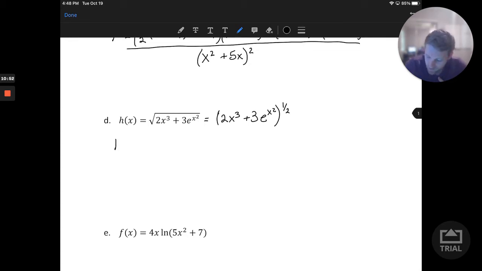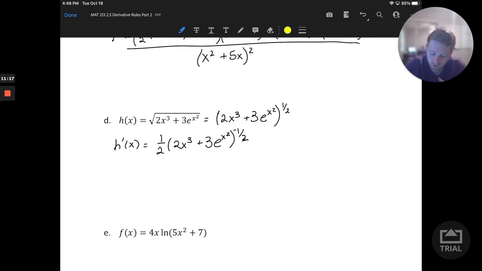So we could say h prime here of x. We can bring that 1/2 power down on the outer derivative and raise my function inside to the negative 1/2. And then we have to concern ourselves with the inner derivative.